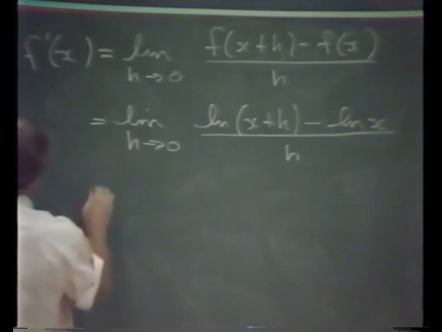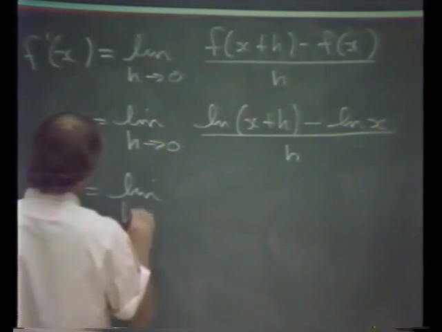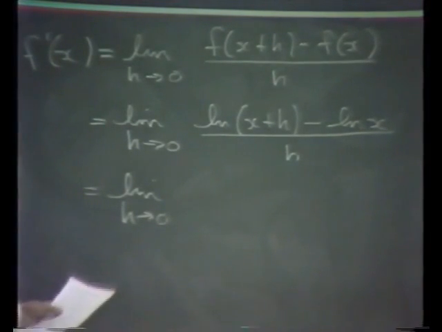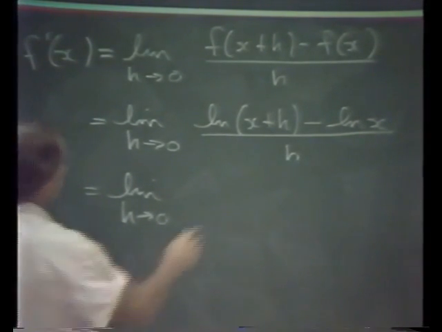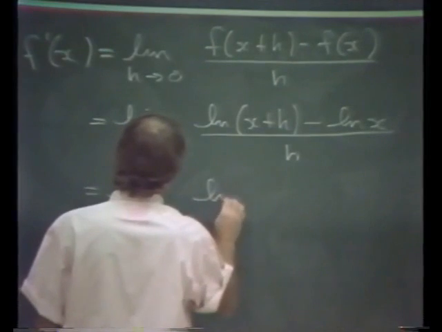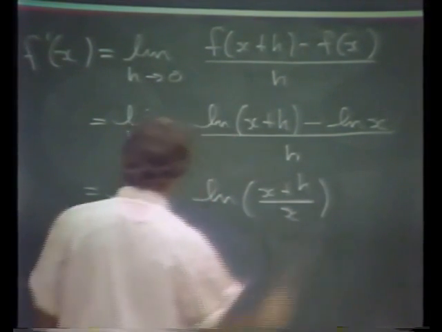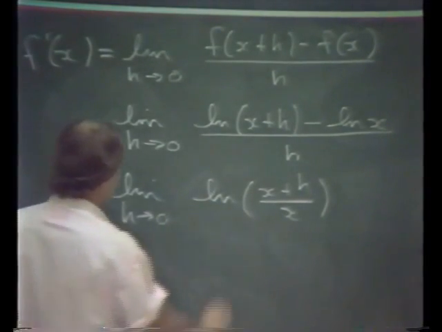So using some properties of logs, I can simplify the expression somewhat. That's the limit as h tends to 0 of, we're subtracting, so I can in the numerator write this as ln of x plus h over x, all over h.